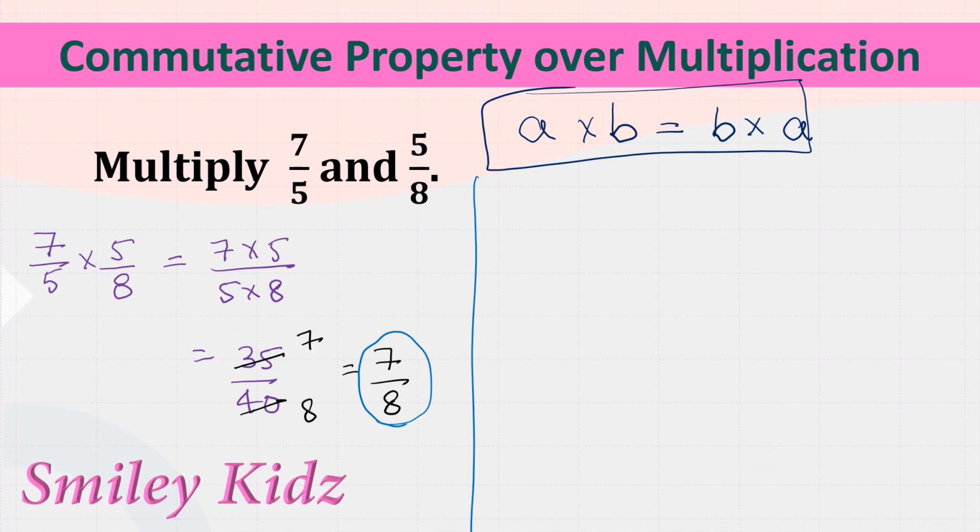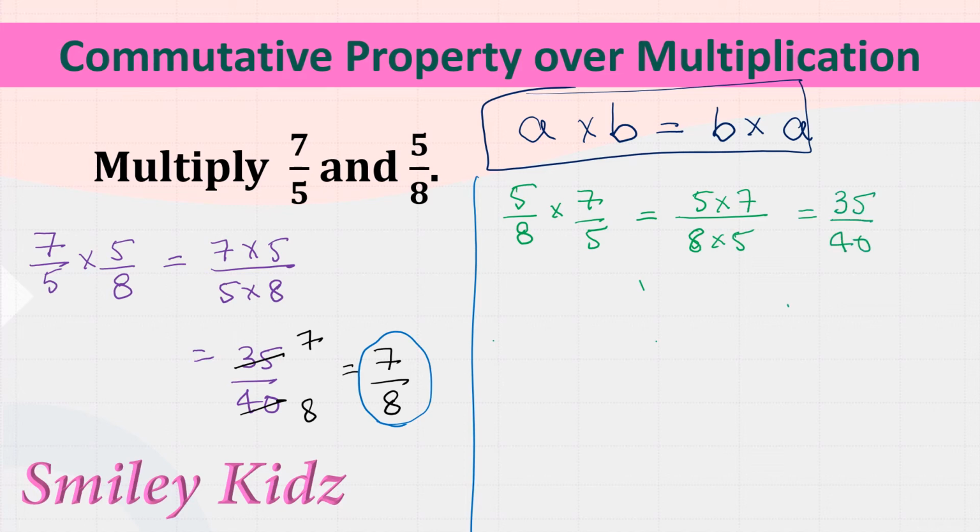Let's check it. B multiplied by A will be 5 by 8 multiplied by 7 by 5, which is equal to 5 multiplied by 7 by 8 multiplied by 5, which is equal to 35 by 40.